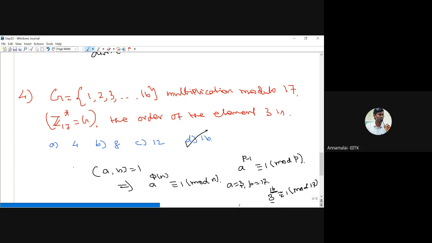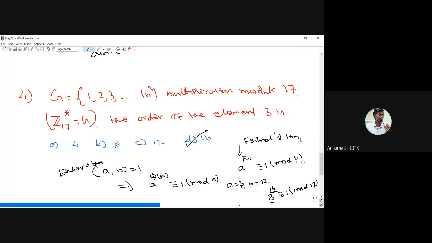So this is Euler's theorem. If we take n equal to a prime number, phi of p is nothing but p minus 1. So this is Fermat's theorem. Okay, using Fermat's theorem, we can say the order of 3 is 16.